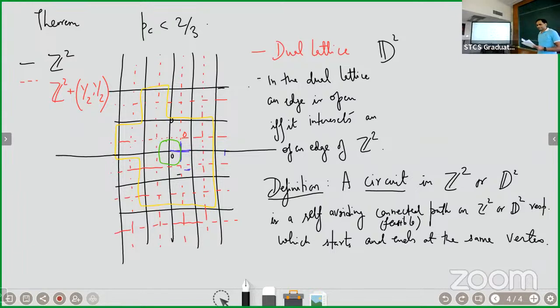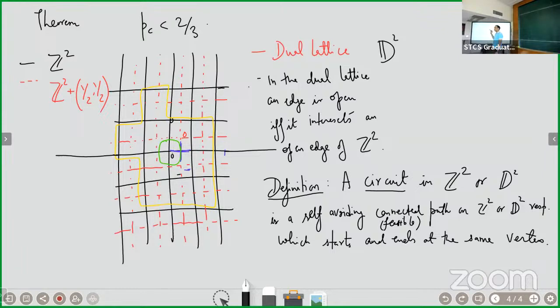Can it be anything more than that? We multiply by whatever number you get. It's very simple. Any circuit of length n around the origin can cut the x-axis at most n different places.